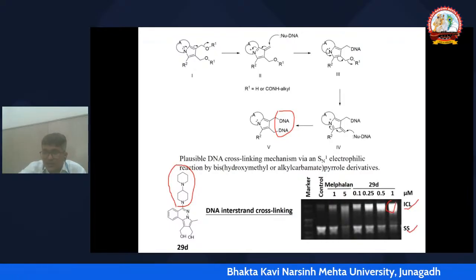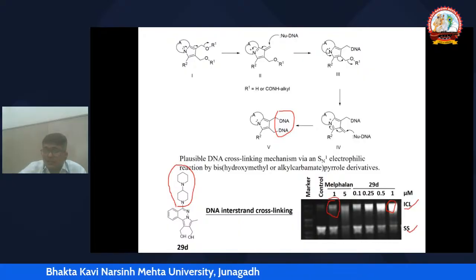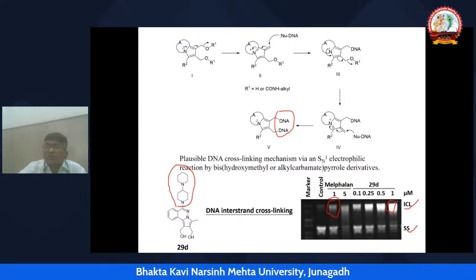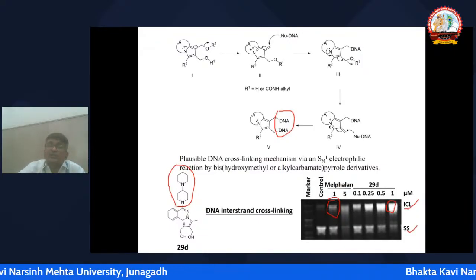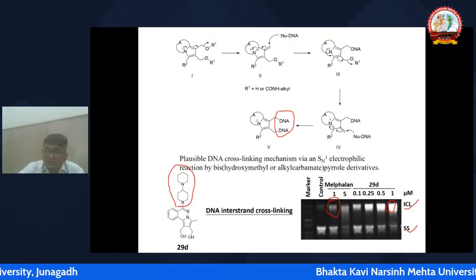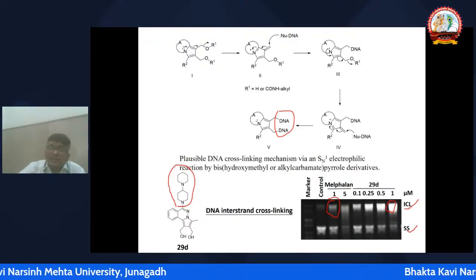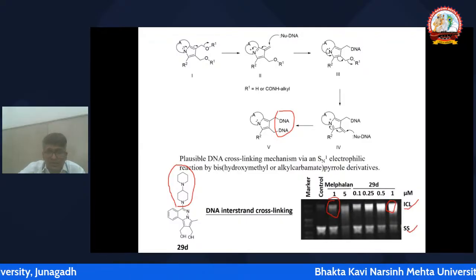Here we can say that this is our standard drug, melphalan. At 1 micromolar it gives this type of cross-linking, but here we can see that it is a much stronger DNA cross-linking compared to the standard drug melphalan. So through these proposed mechanisms, our molecules bind with the DNA through interstrand cross-linking.